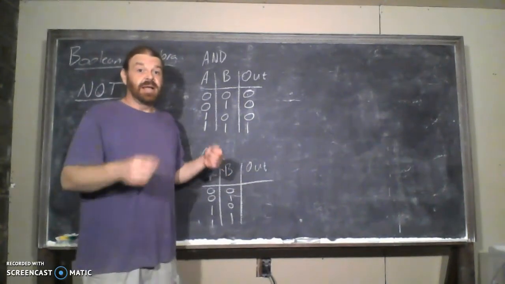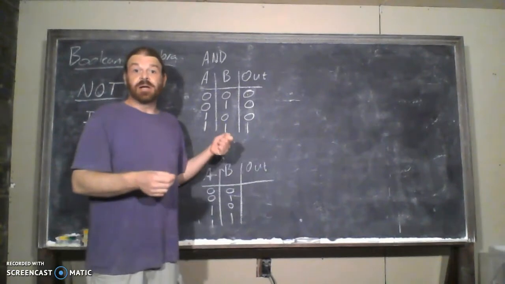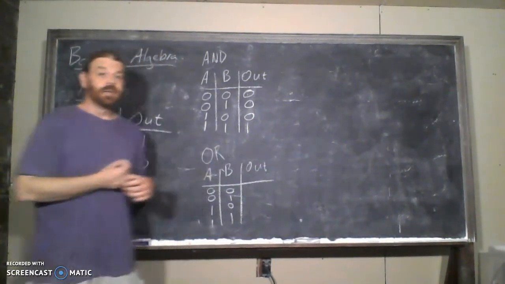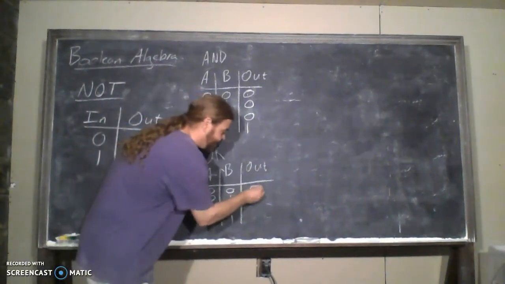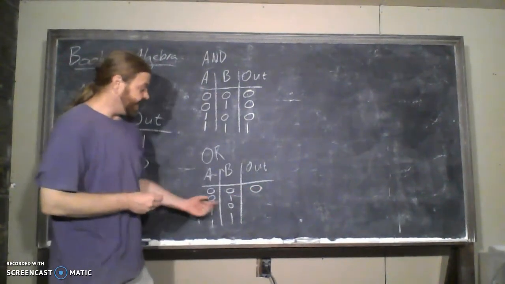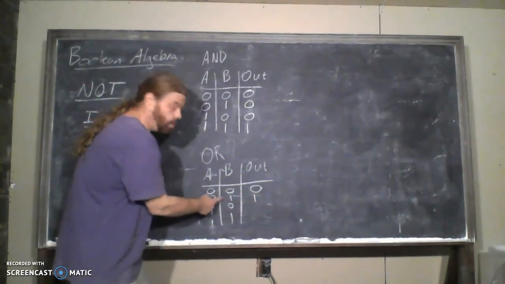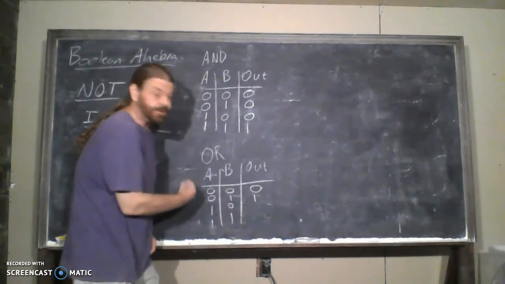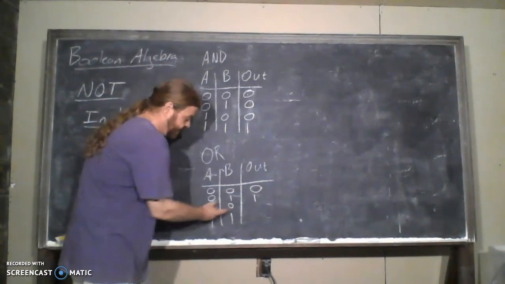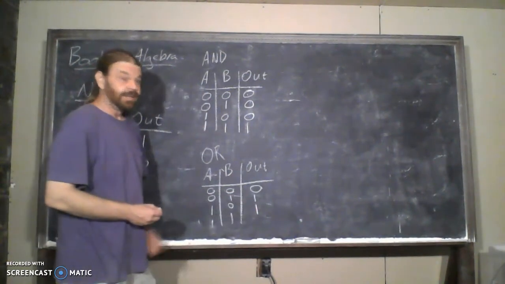If either one of them is turned on, then our light comes on. But if they're both turned off, that's the only way the light goes off. So off or on, well, with OR, there's an on there, so our result's going to be on. Same thing here: on or off, well, we had an on.